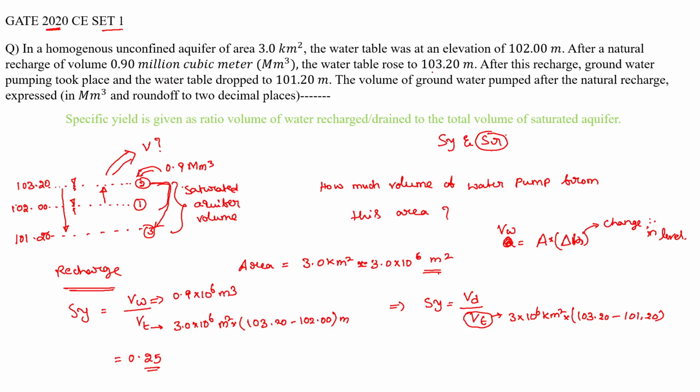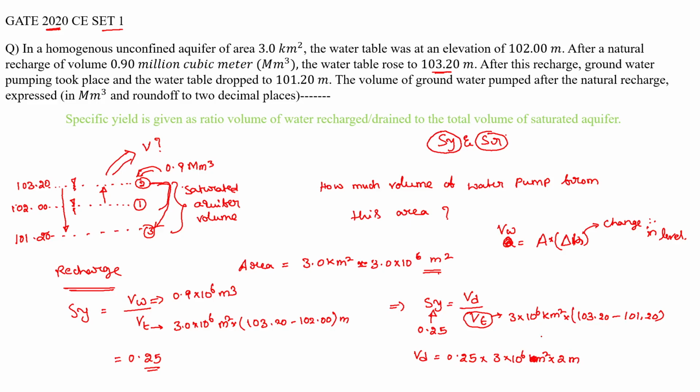We pump from this particular aquifer. Because of this pumping action, the aquifer can only give this amount of water per unit width, per unit drawdown, and that we need to calculate. So VD equals 0.25 into 3 into 10 power 6 meter square into 2 meters.